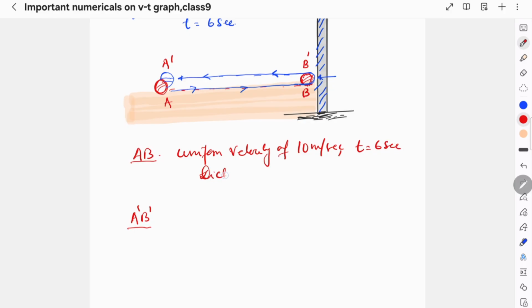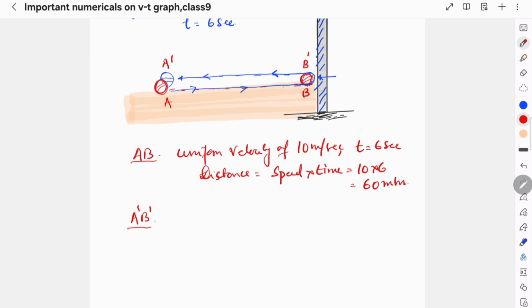So we'll directly get the distance because it is a uniform velocity. So distance will be speed into time, that is 10 into 6. So 60 meters.